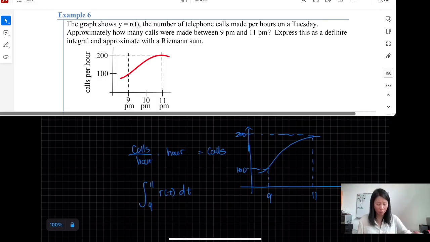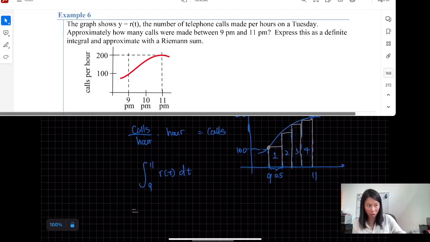I can divide this into 4 intervals because this is just an approximation, so you don't have to be super accurate. That means each interval width is going to be 0.5 hour, right? If I use the left-hand method, I need a rectangle here, this one, and also these ones, so 4 blocks in total. Adding these blocks together will give you an estimation of this region.